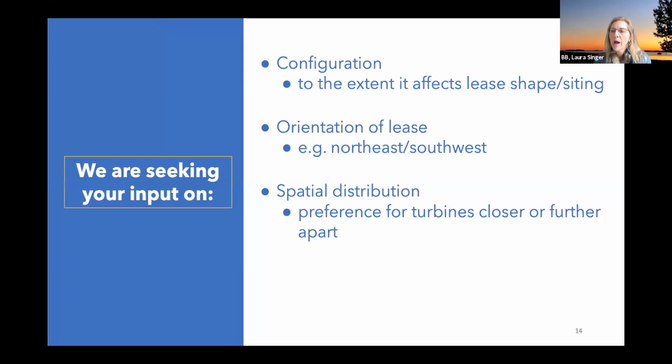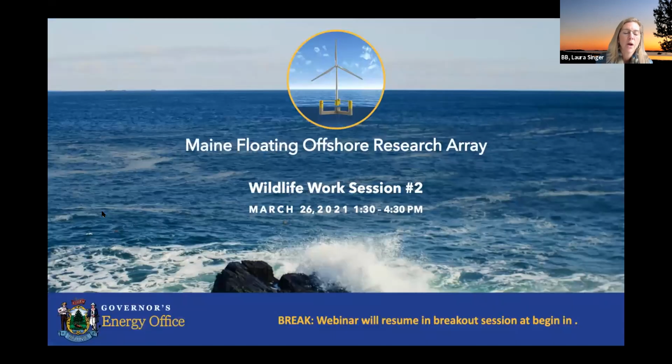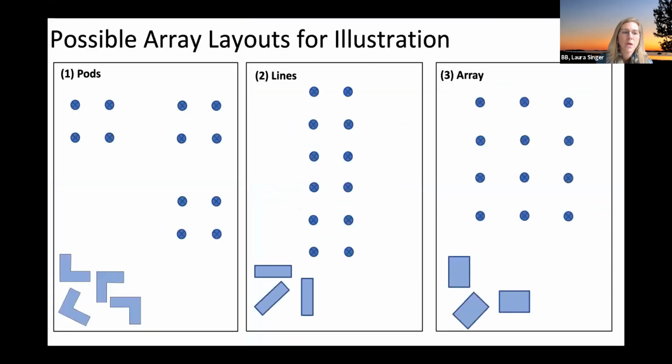If you go back to the slide showing the layout options, that first one with the pods was an idea that the fishing industry in southern New England has talked a lot about. We really need transit lanes.